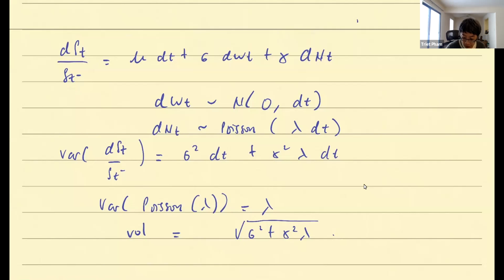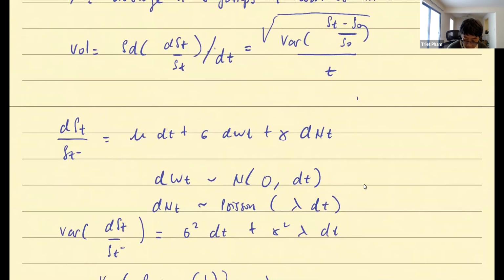Of course, before, when lambda equals 0, or if gamma equals 0, that means there's no jump, then this returns back to sigma. But that's the new volatility. And of course, I still use the same idea. Maybe I'm very sloppy here. I should do this: variance of this and then square root. So it's the whole square root.